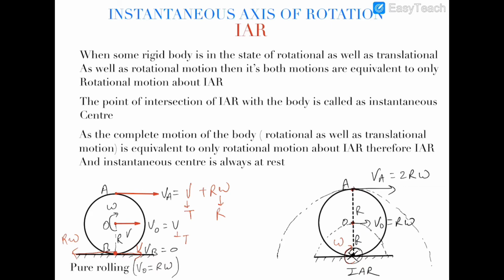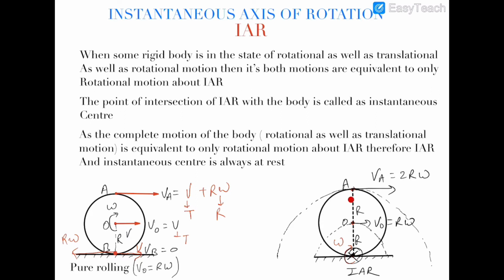Now what we are doing is considering that this ring, which is in the state of translational and rotational motion, is only rotating about this instantaneous axis of rotation, and there is no translational motion of the ring. So we are equating both those motions to only rotational motion about IAR.